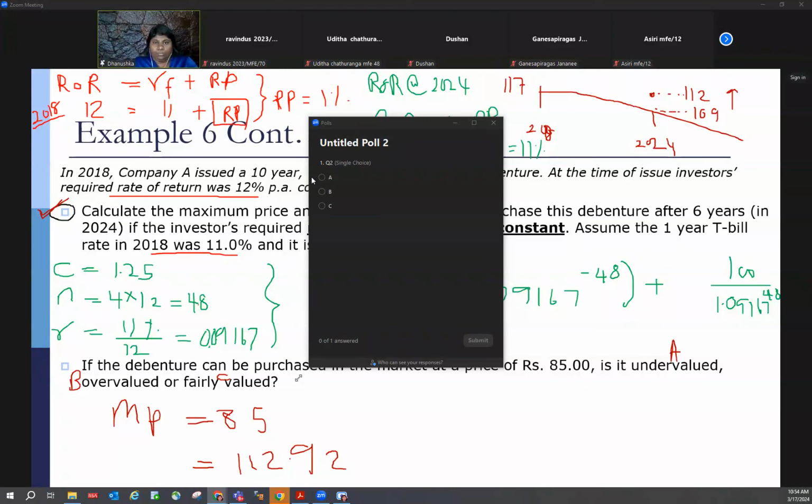Is the market price undervalued, overvalued, or fairly valued? I have one person to see also.